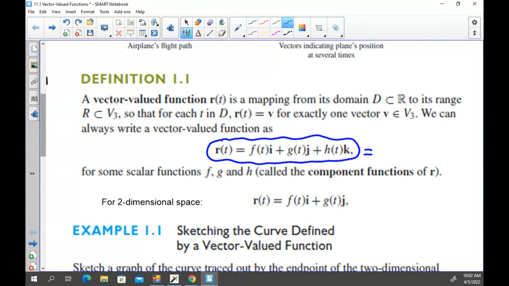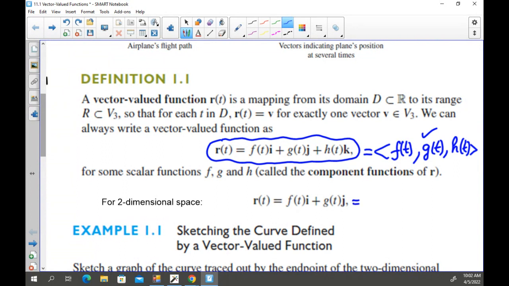So it's basically a vector. This is a vector, f(t), g(t), h(t). Okay? So that is the function r(t). It's a function, but its values are actually vectors. In 3 dimensions, it's like this.